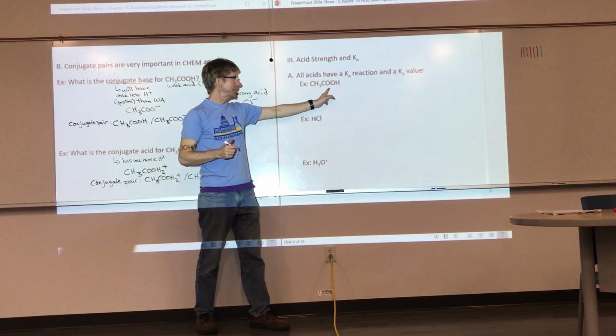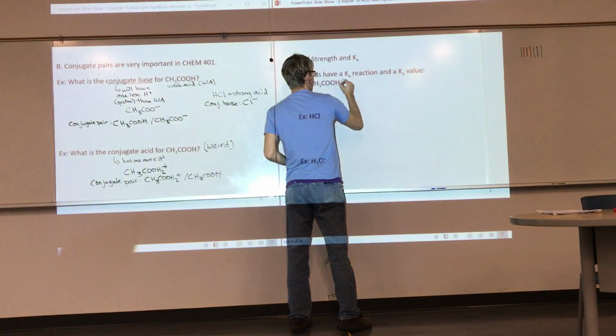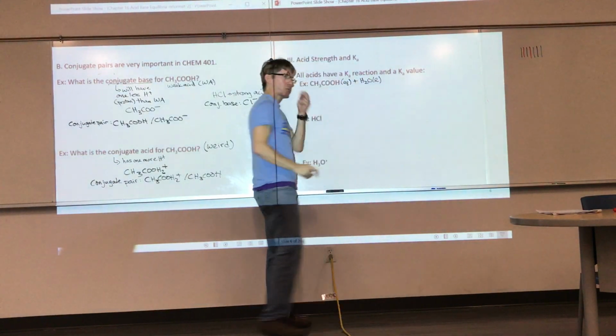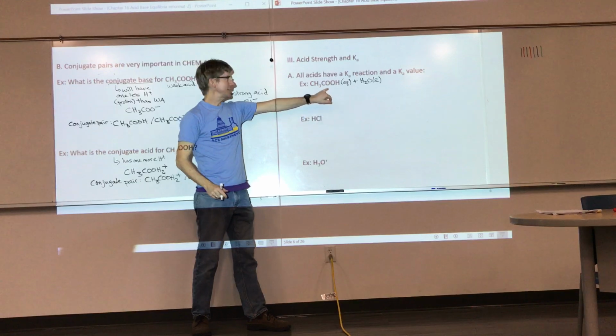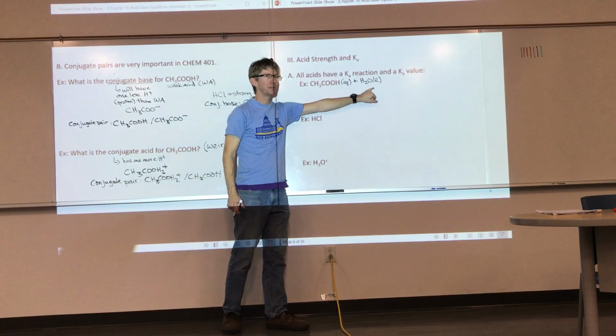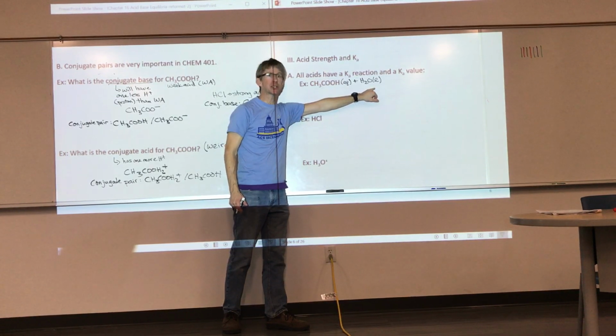It is whatever the acid is plus water. We see that in this particular case, since we have a weak acid, water will be the base. That's what I meant by water, whether it's acid or base, depends on what's around it.